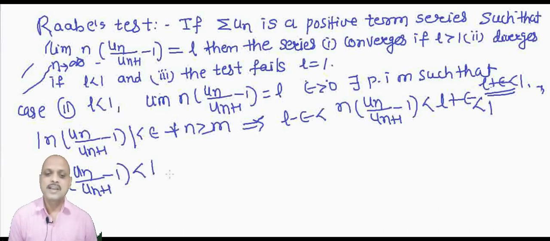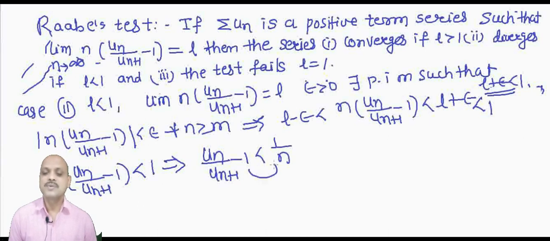Now here n is in multiplication, transferred to this side. So this gives us u_n divided by u_n plus 1 minus 1 is less than 1 by n. Again transferring this 1 to this side, so minus becomes plus, and we get here u_n divided by u_n plus 1 is less than 1 by n plus 1.